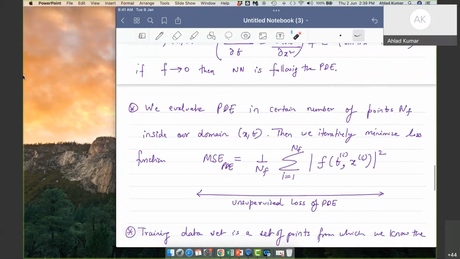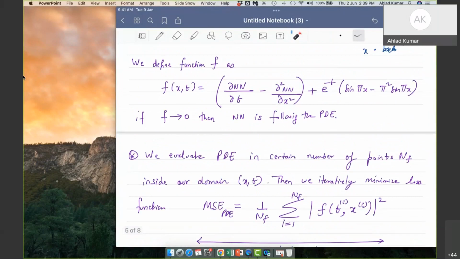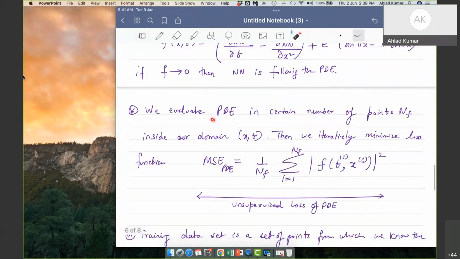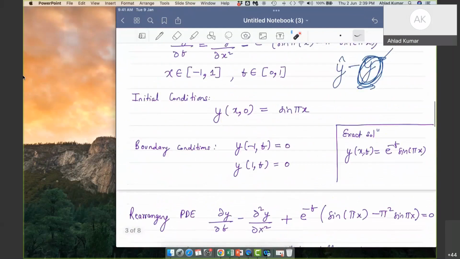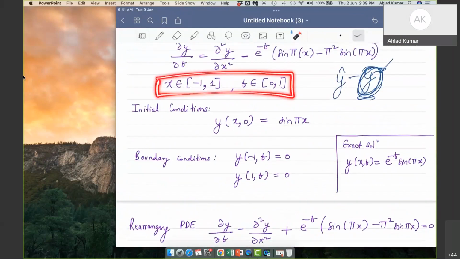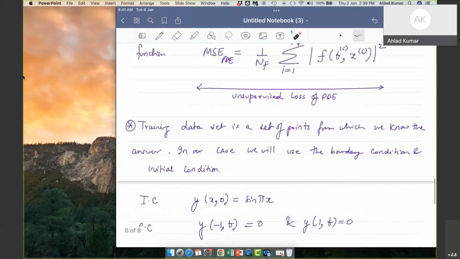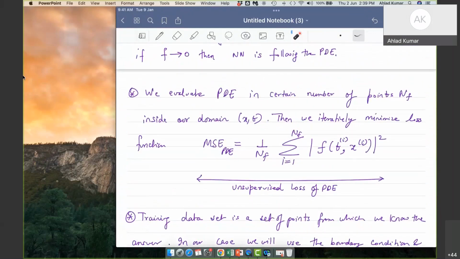To evaluate the partial differential equation, the important thing now is to define the loss functions. Here, to evaluate the partial differential equations, a certain number of points Nf inside our domain are to be taken. We have this domain defined for this differential equation, so we take certain points inside this domain defined by the x and t constraints.